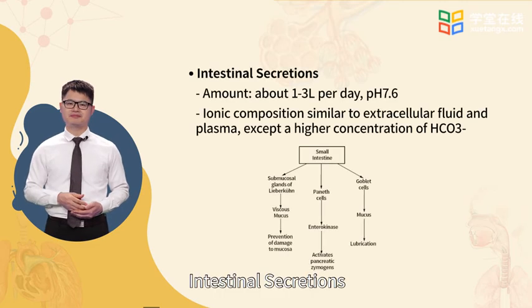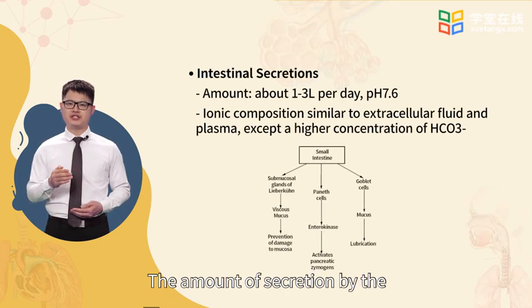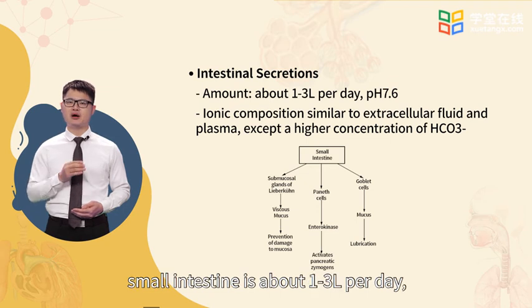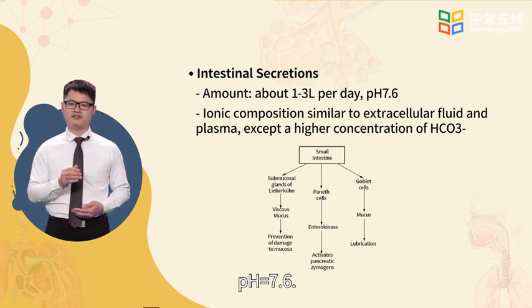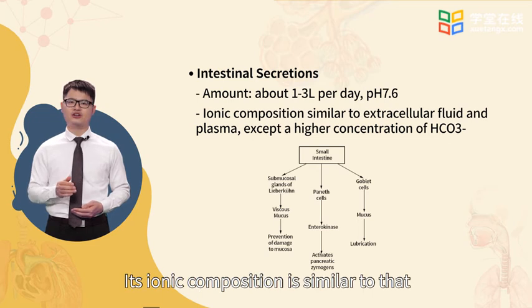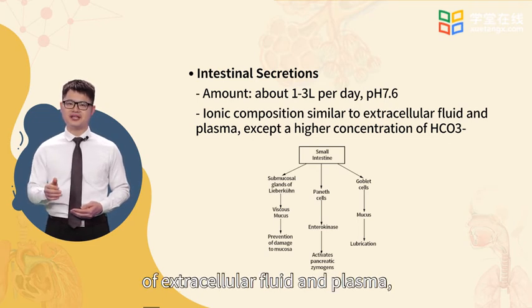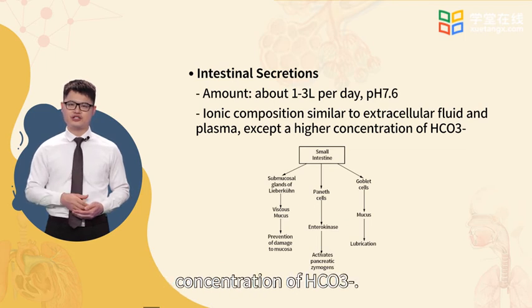Intestinal secretion. The amount of secretion by the small intestine is about 1 to 3 liters per day. With a pH of 7.6, its ionic composition is similar to that of extracellular fluid and plasma, except for a higher concentration of bicarbonate.